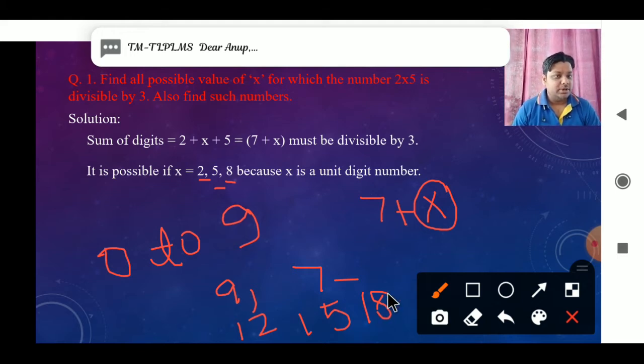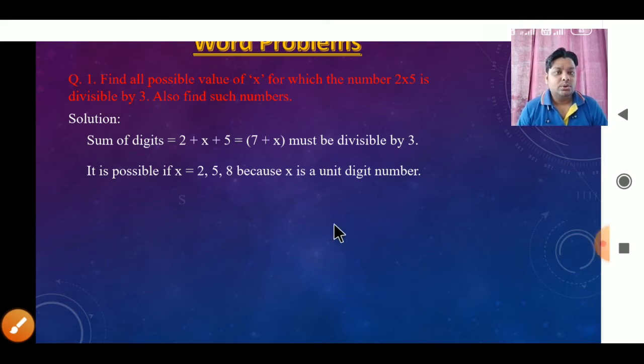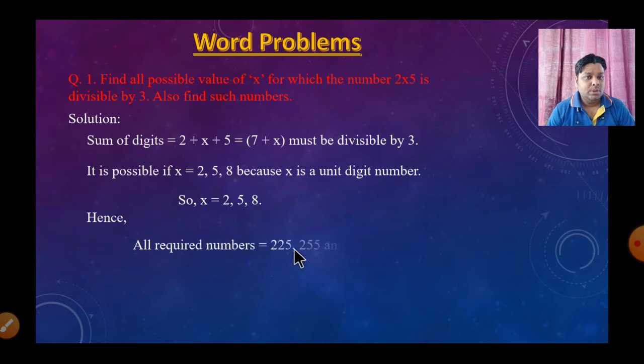Okay students, so 2, 5, 8 are those numbers. It is not written to write only the least value; it is written all possible values. So all possible values will be 2, 5, 8. Now if we put these values in the number 2x5, it will be 225.